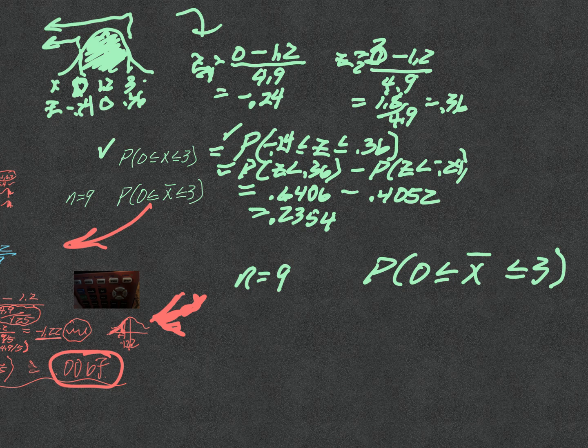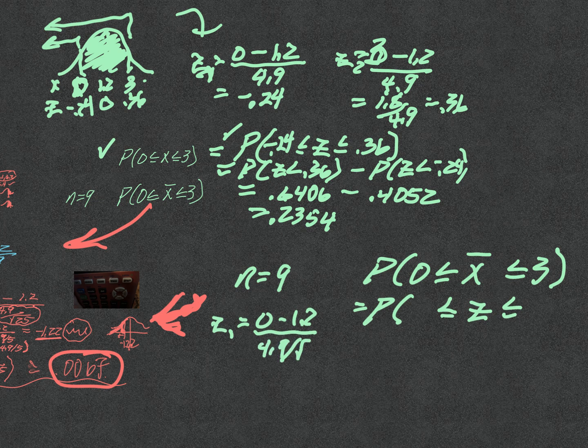We're going to rewrite that as the probability of a z value between those. So we need to do the conversions. z1 will be 0 minus 1.2 over the standard error, which is 4.9 divided by the square root of 9.